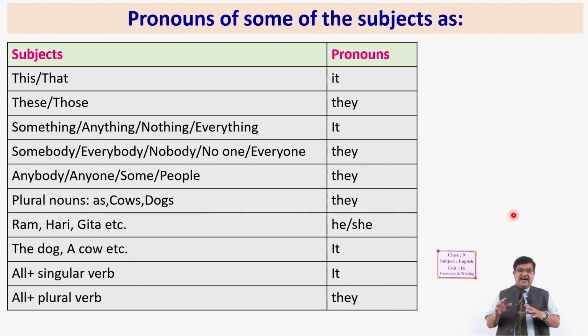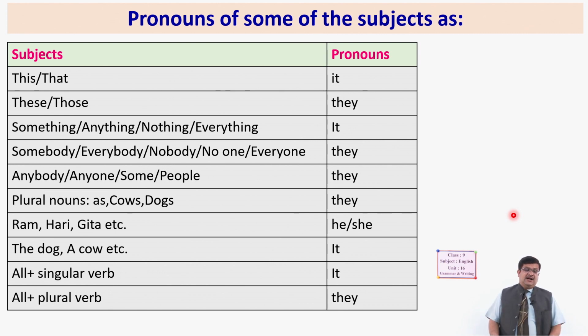When there are plural nouns as a subject, for example cows or dogs, it changes into "they" in the tag. Similarly, nouns like Ram, Hari, Gita change with "he" and "she" in the tag.